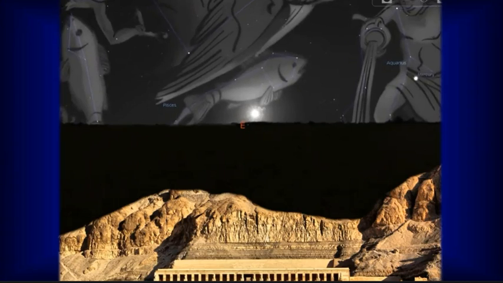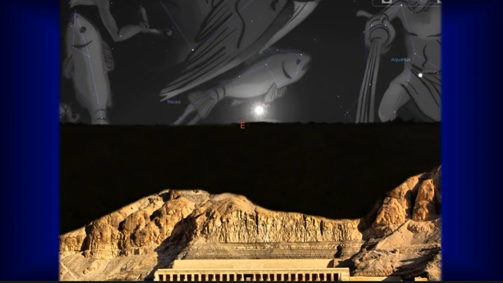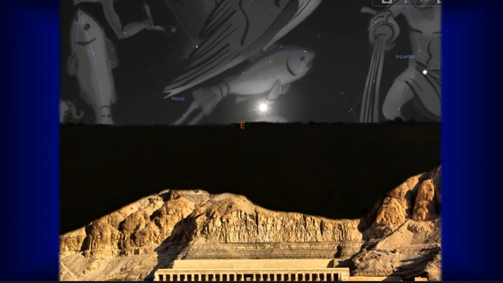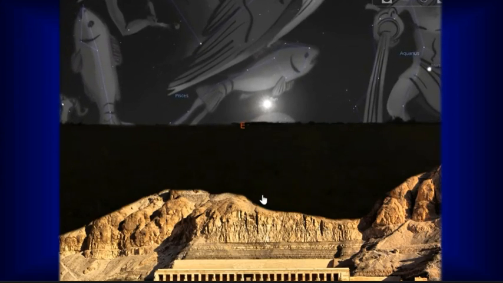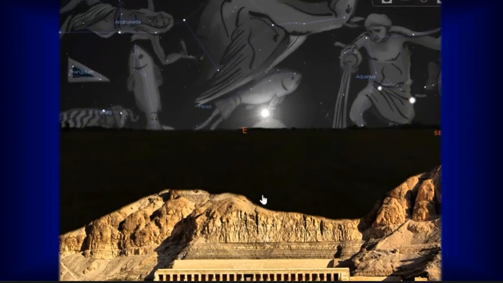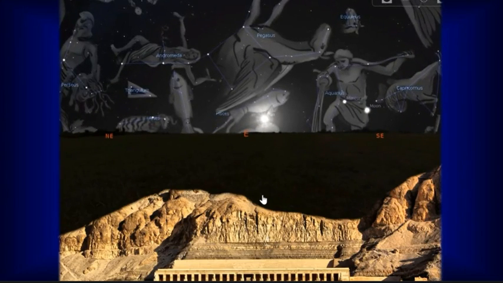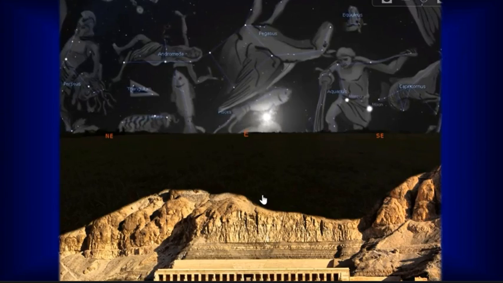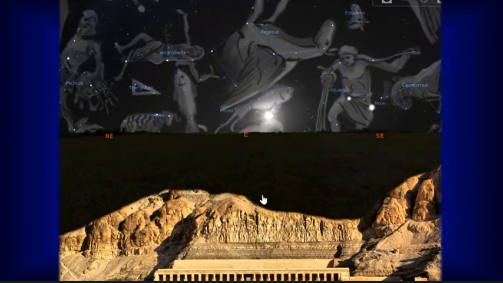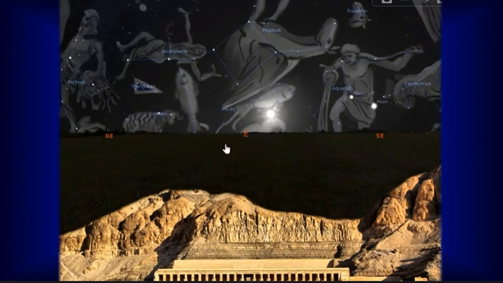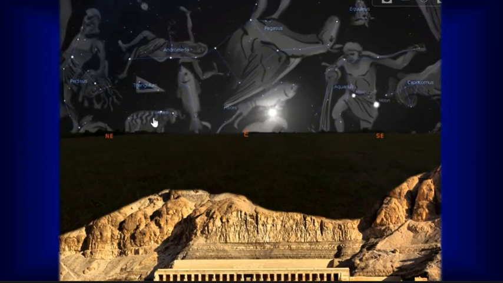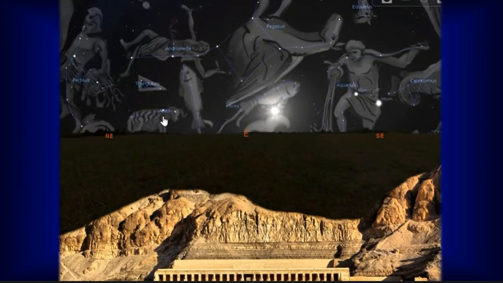Well, because Aries was attached to this section of 30 degrees at the time that it was decided that that was the constellation for that period. And you can clearly see that the sun comes up now in Pisces during that time.